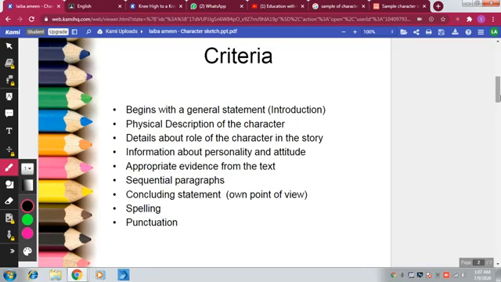Then a physical description of that character, detail about the role of the character in the story, information about personality and attitude, appropriate evidence from the text, sequential paragraphs, and a concluding statement. In the last paragraph, you should write your own point of view. Then spelling and punctuation should be correct.